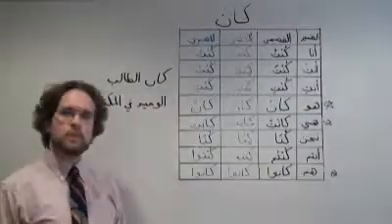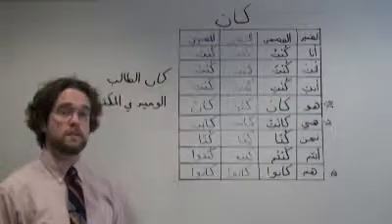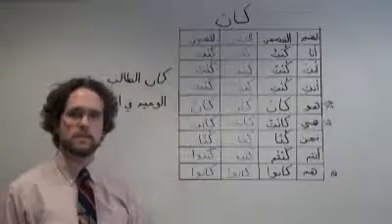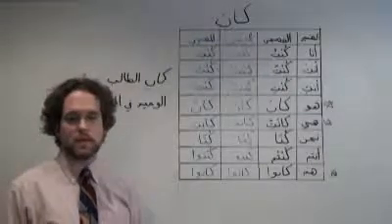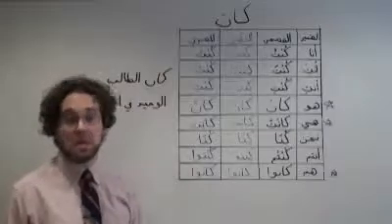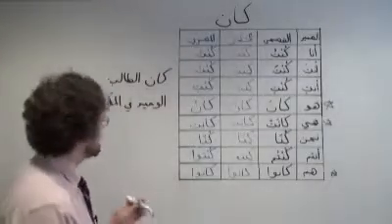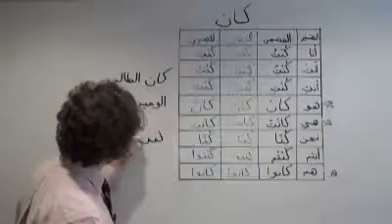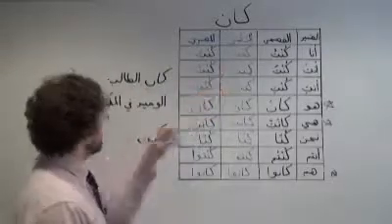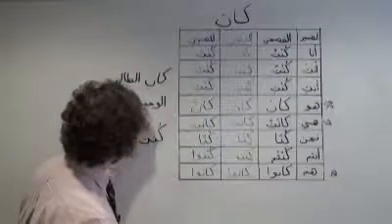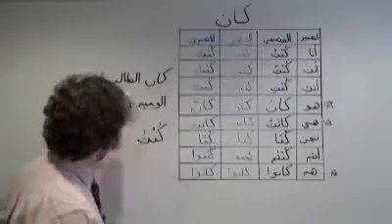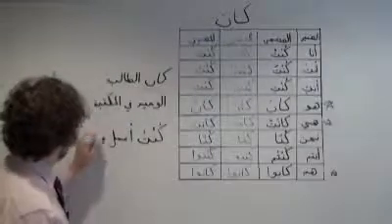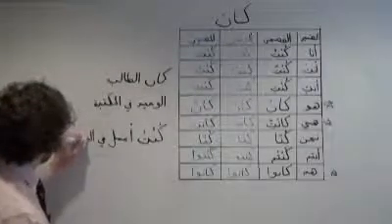We can also use kan to situate actions in the past, the way we use the past continuous in English, or the phrase "used to," right? If we want to say, "I was working at home," if we're setting up a narrative, I could say, أنا كنت أعمل في البيت.